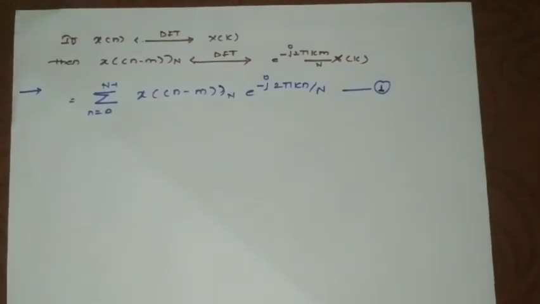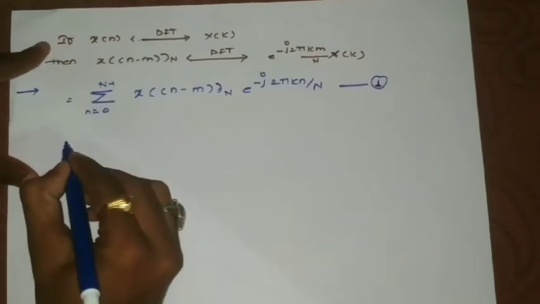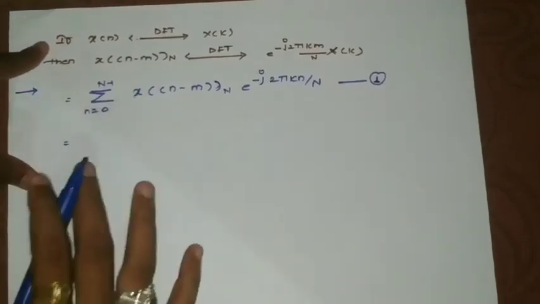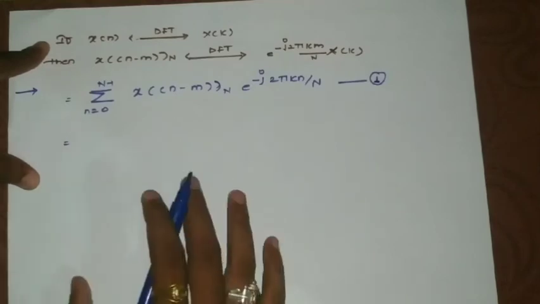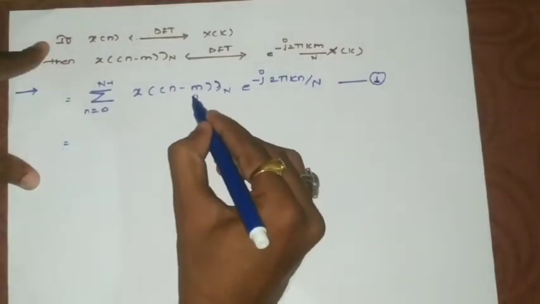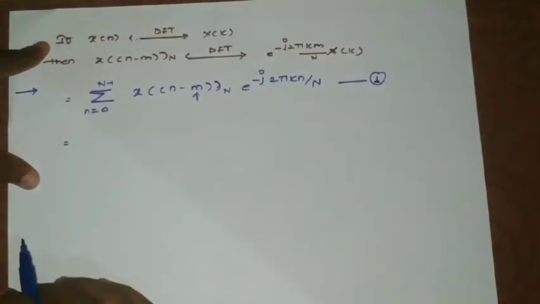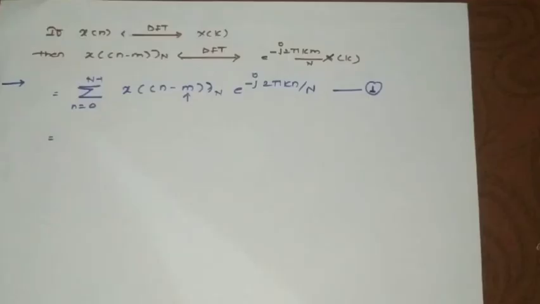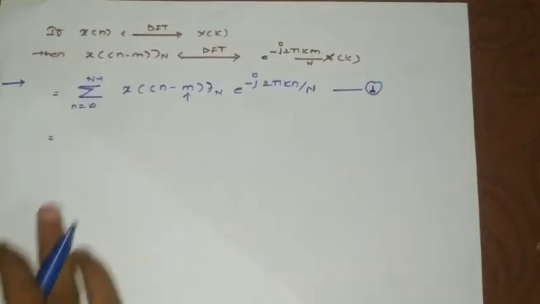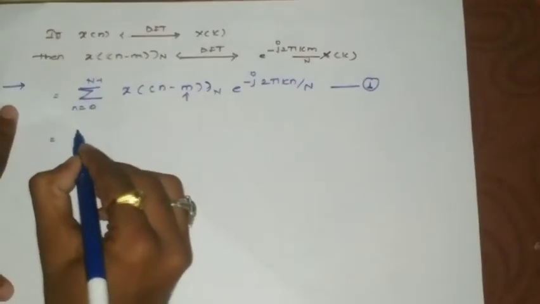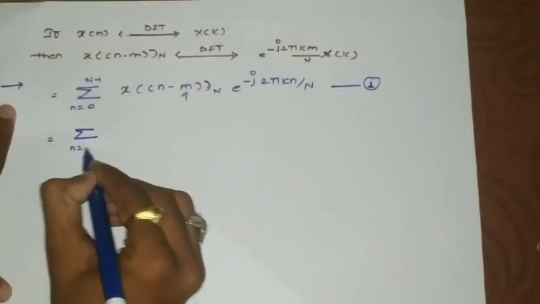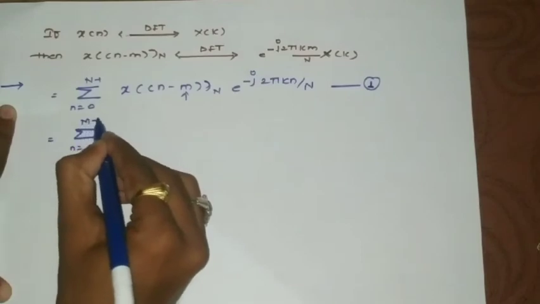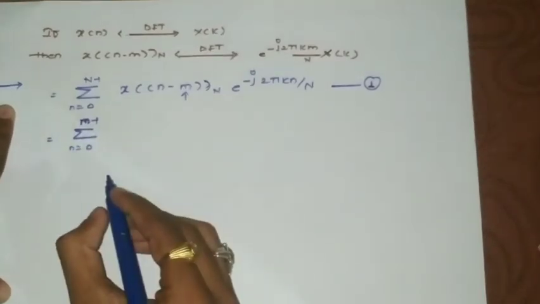Now we'll simply try to simplify the terms again in a comfortable way. For that case, if I observe this variable as m is here, so I can shift, or let's simplify this. I'm writing the first summation n from 0 to m minus 1, because we have the variable as m.